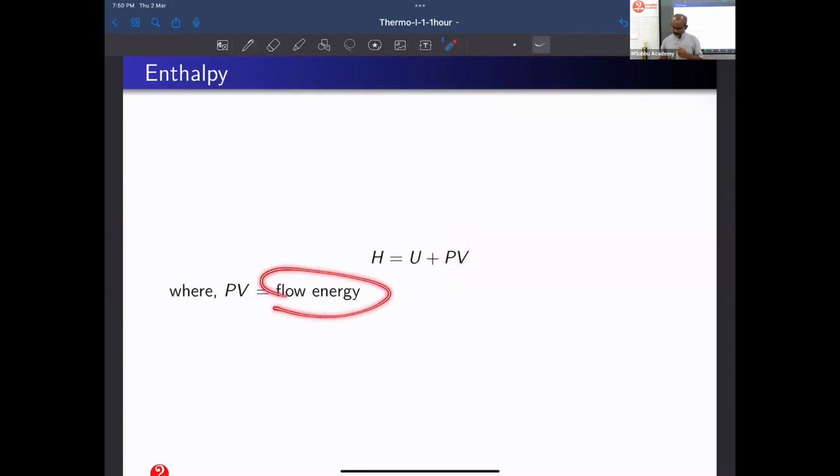The product PV ends up with an energy term, so there is a flow energy. Whenever there is a flow, or an open system, in addition to U there will also be PV changes. So U plus PV change together is considered as enthalpy change. So the enthalpy definition is H equal to U plus PV.